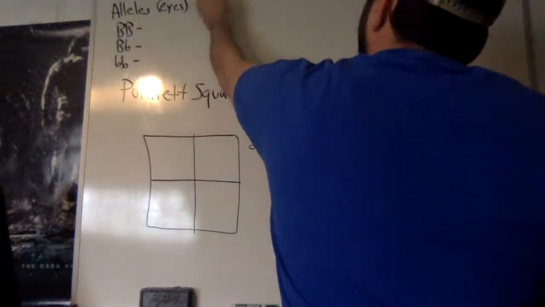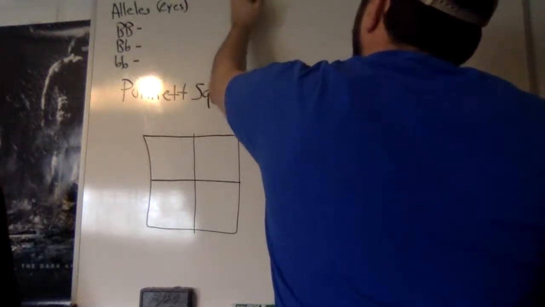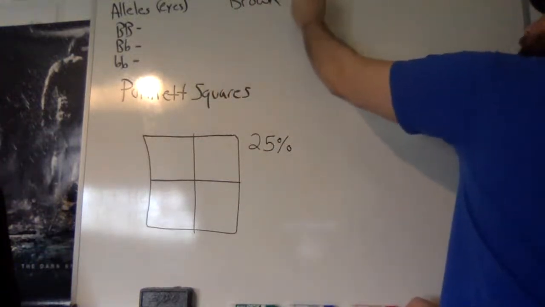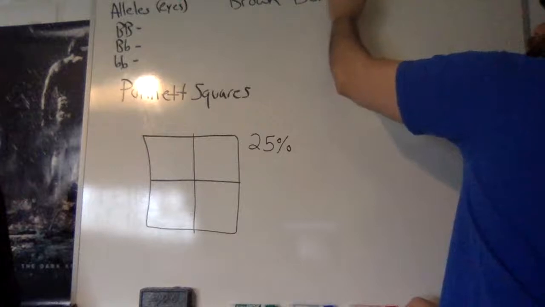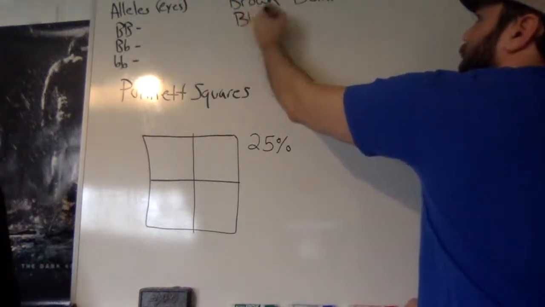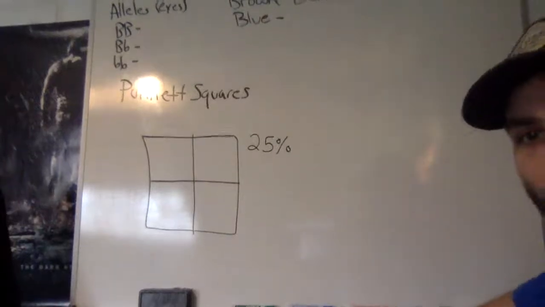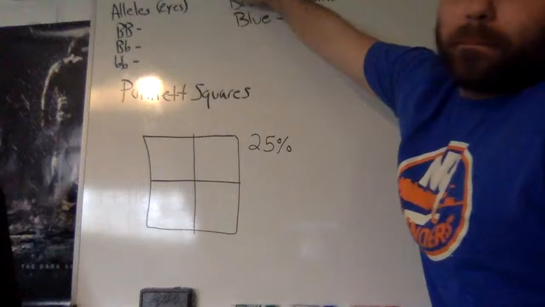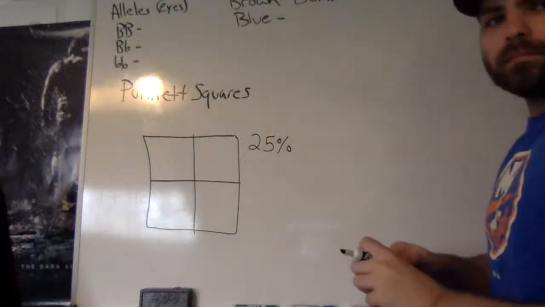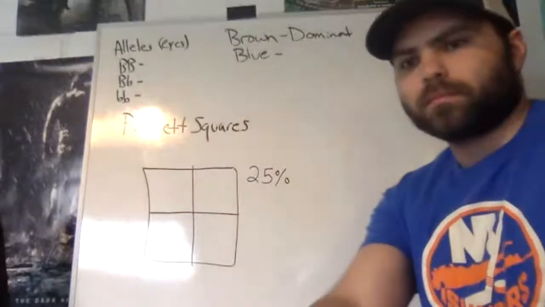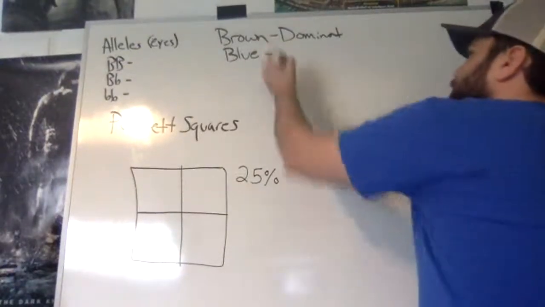So brown eyes are dominant. So then blue eyes are what? Recessive, good.